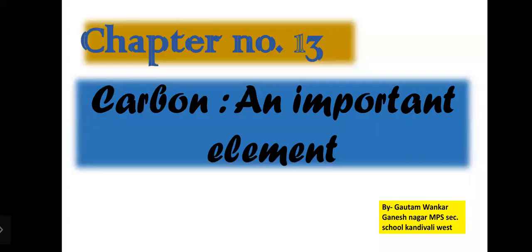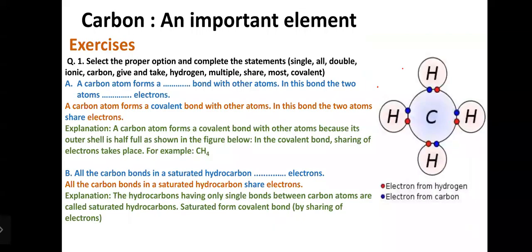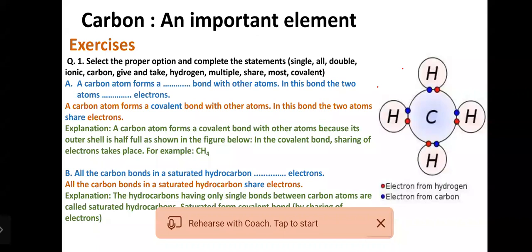So in question answer, first question, exercise question number 1: select the proper option and complete the statement. We have to fill in the blanks and choose the words given in the bracket: single, all, double, ionic, carbon, give and take, hydrogen, multiple, share, most, covalent.